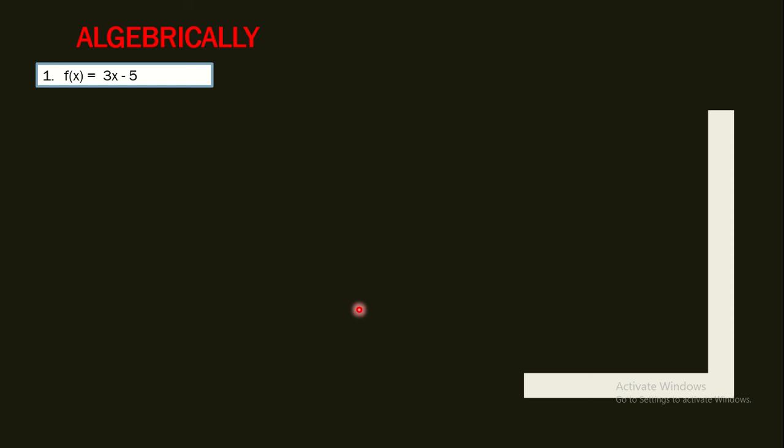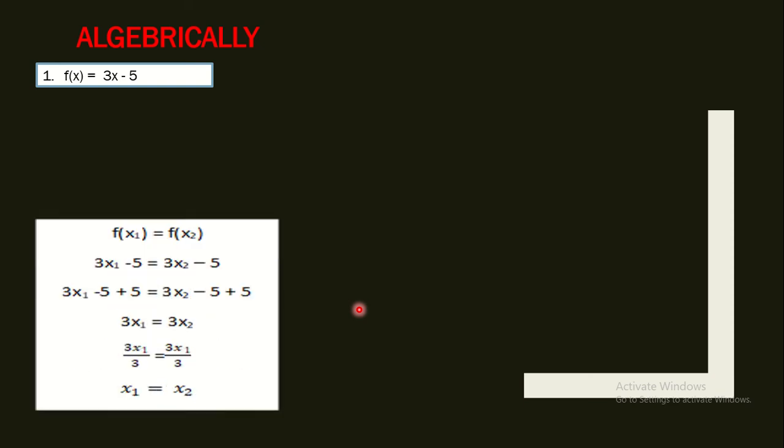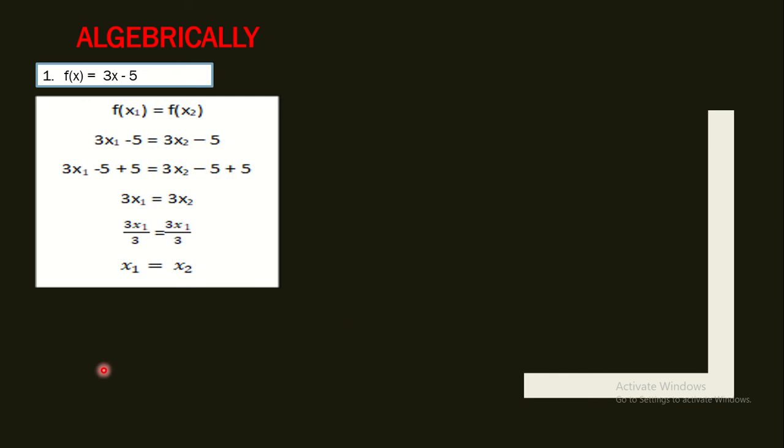If f of x is equal to 3x minus 5, ganito yung solution niya. Okay? The function of x sub 1 is equal to the function of x sub 2. Ibig sabihin, dapat magkamukha daw sila. So, ito yung process niya. So, yung 3x sub 1 minus 5, ito lang po yan. Okay?